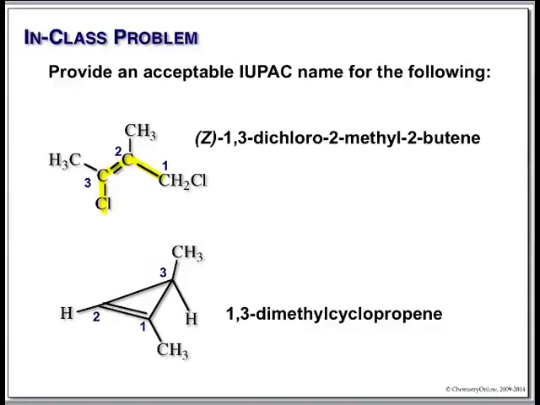So we would actually, to do the full name, have to say that this was, the clock goes that way, that makes it R, right? So this is a 3R, 1,3-dimethyl cyclopropene. On the exam, I didn't make you do that, but just so that we know we can. So it's 3R. Just 3R in front.